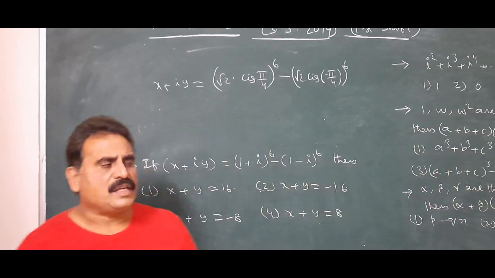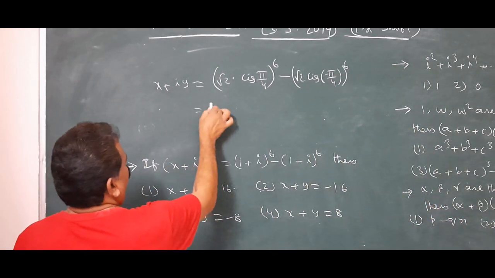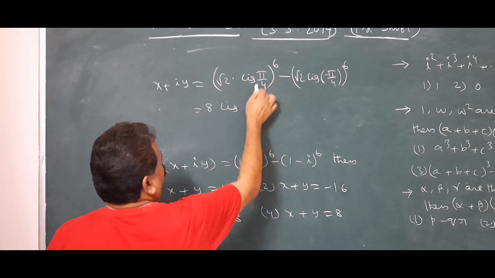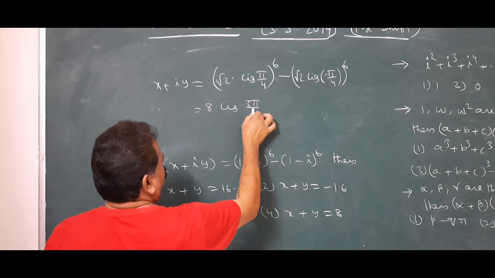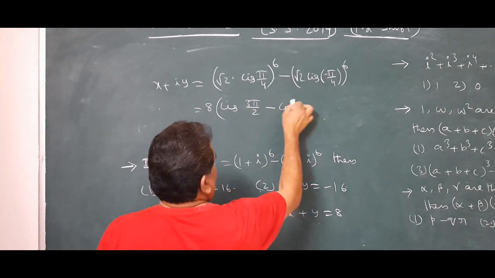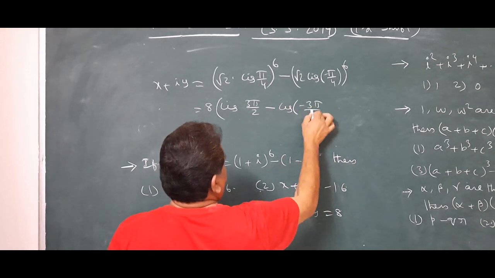Root 2 whole power 6 is 8. 6 into pi by 4 is 3 pi by 2.